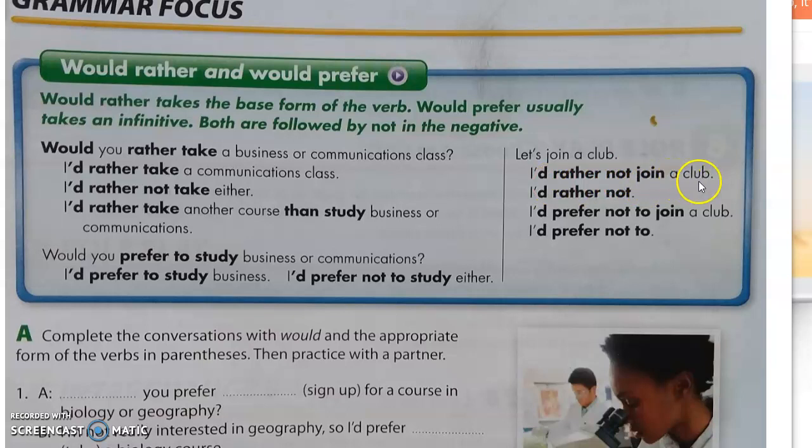I'd rather not join a club. So this is a way to say no. Or you could just say, I'd rather not, period. Or if you want to use would prefer, I'd prefer not to join a club, or just I'd prefer not to. So again, this over here on the right is just showing you another way to say no in a polite way.